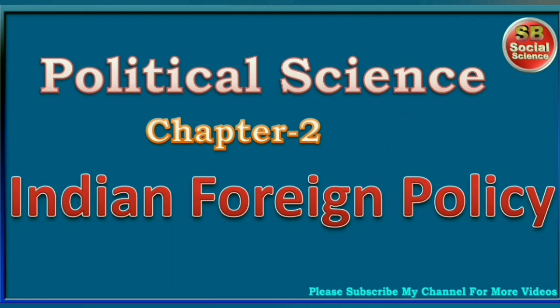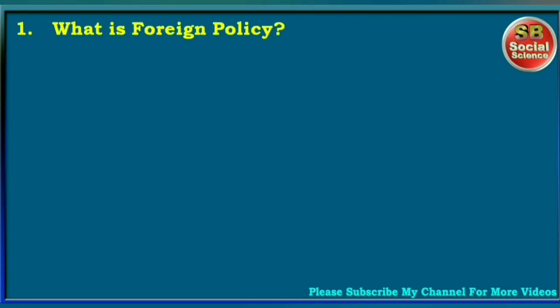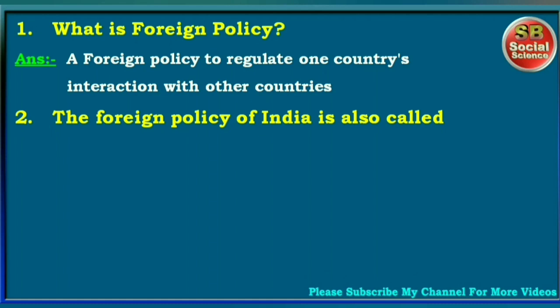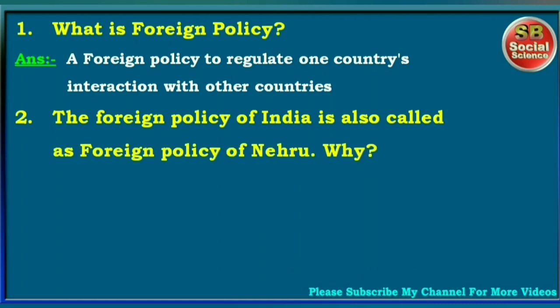Okay, let's start. The first question is, what is foreign policy? Answer: foreign policy regulates one country's interaction with other countries. Second question: the foreign policy of India is also called the foreign policy of Nehru. Why?